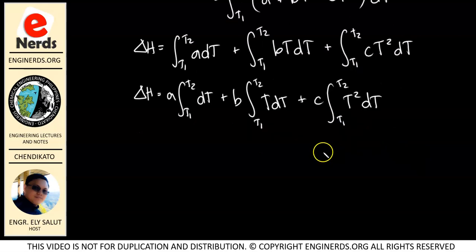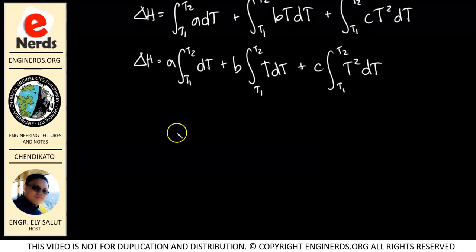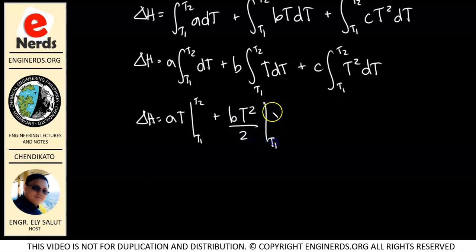Okay, so let us now solve for the integrals. We have delta H is equal to A, the integral of dt, which is t, from T1 to T2, plus B, the integral of t dt will be t squared over 2, from T1 to T2, then plus C, the integral of t squared dt will be t cubed over 3, from T1 to T2.